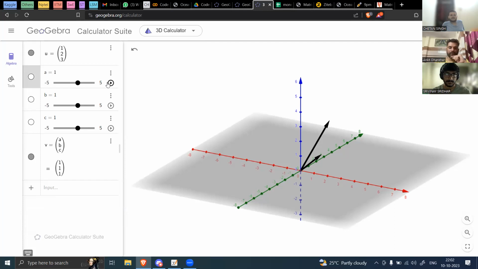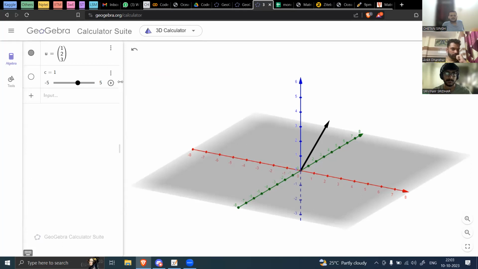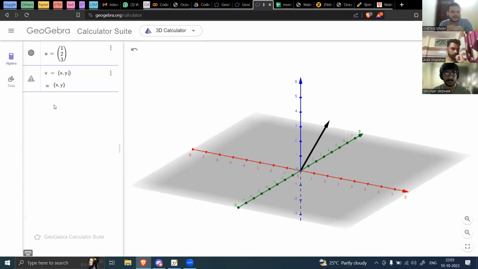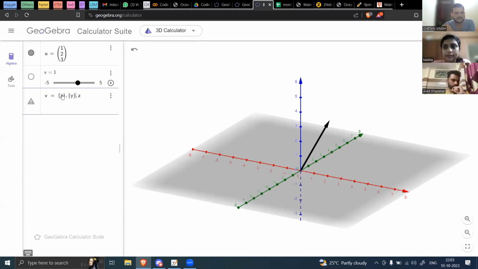Can you delete those parameters a comma b comma c? Okay, it doesn't work. Okay, let's take x comma y comma z. Maybe a bracket inside a bracket, or maybe curly bracket. Actually, a b c was in a single bracket, right?